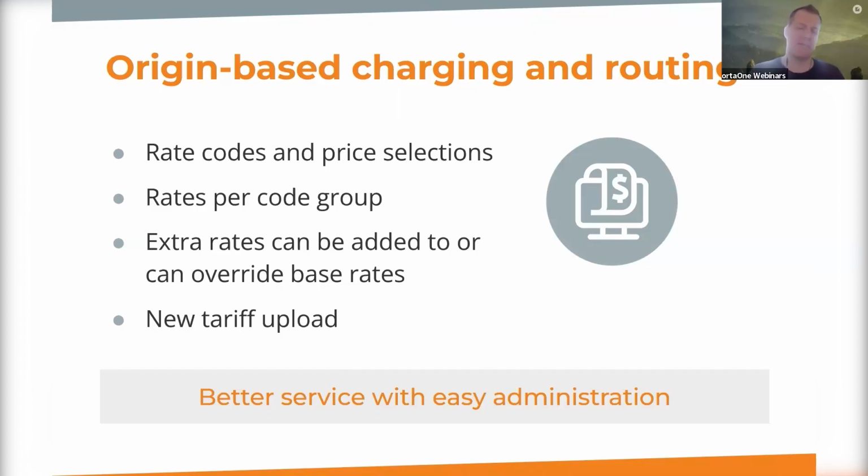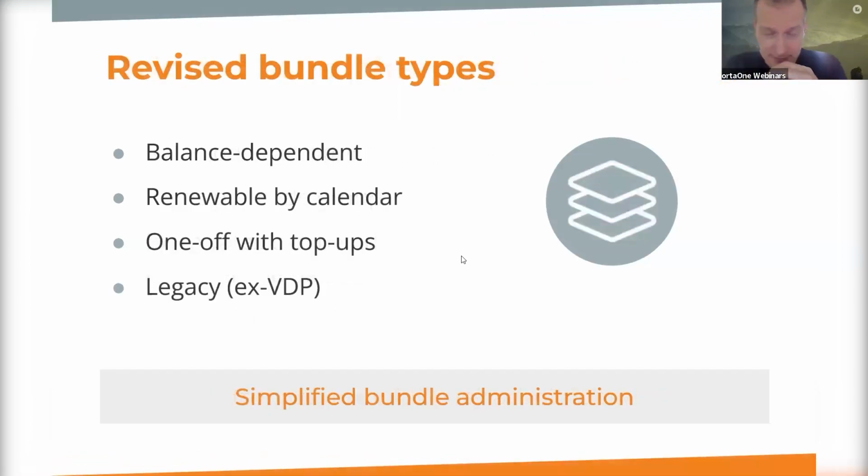So you can implement the same approach where calls, for example, to Turkey are charged one price if they're called from Europe, a different price if those numbers are called from, I don't know, Latin America, and a different price when they are called from Africa, for example. You can also charge your customers this way. So let's speak about the next feature.